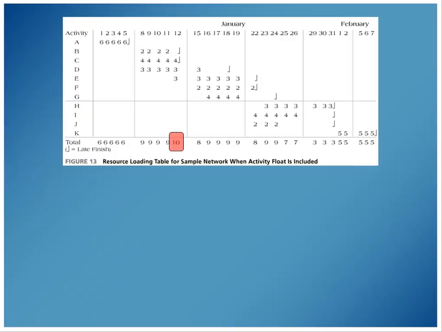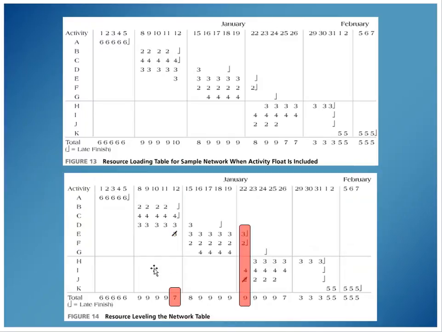So I might actually try that. And by moving this activity E from day 12, no longer there, I've shifted it over to day 22. Notice that day 22 was empty for E, and now day 22 has a value in E. I'm down to 7 on day 12.